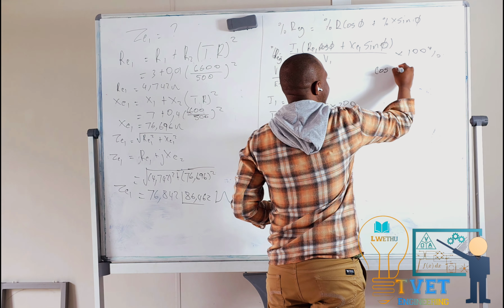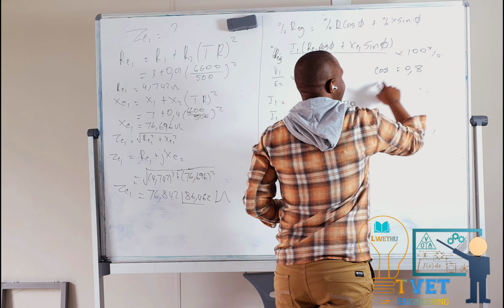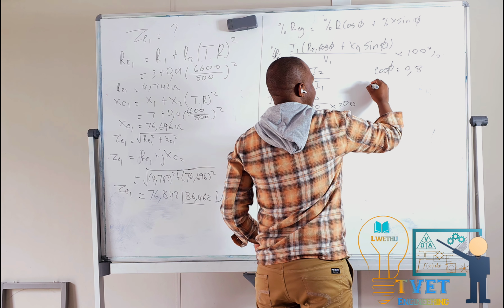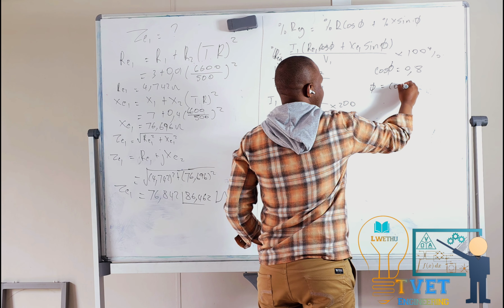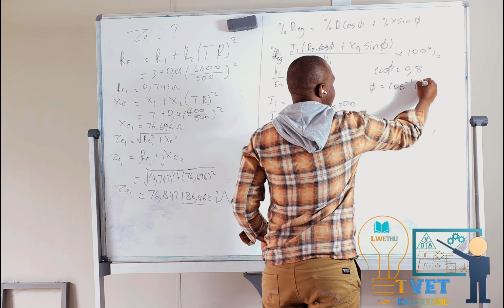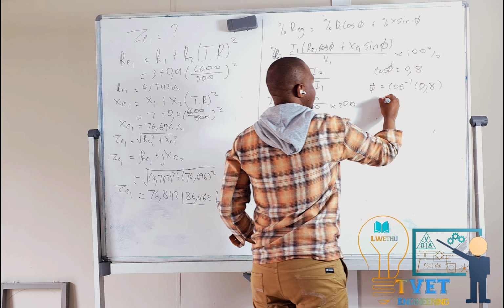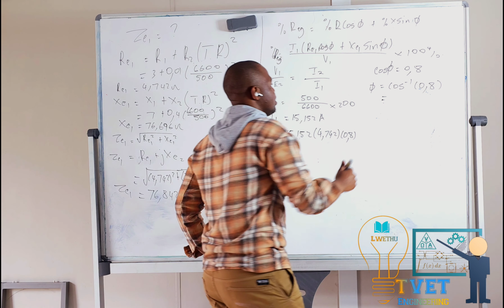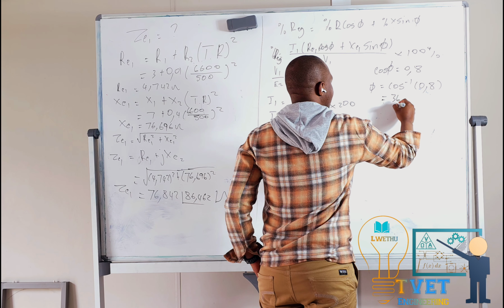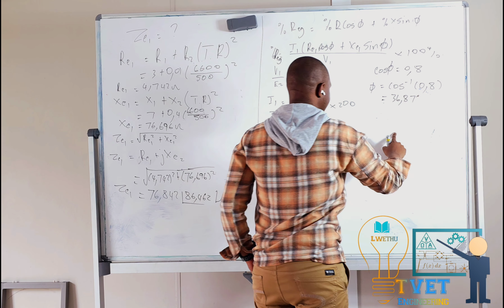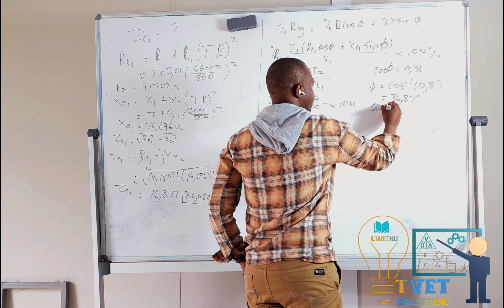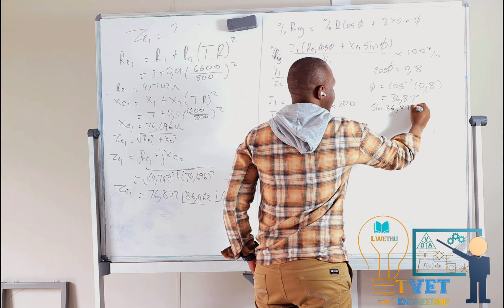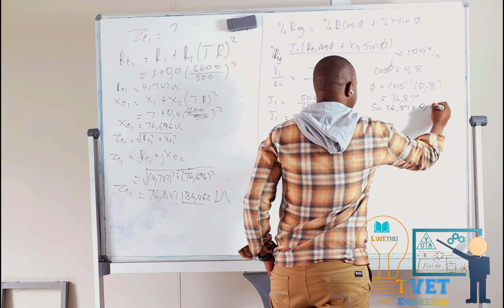The cos of the angle is 0.8, so the angle will be cos inverse of 0.8, which is 36.87 degrees. What is the sine of 36.87? 0.6.